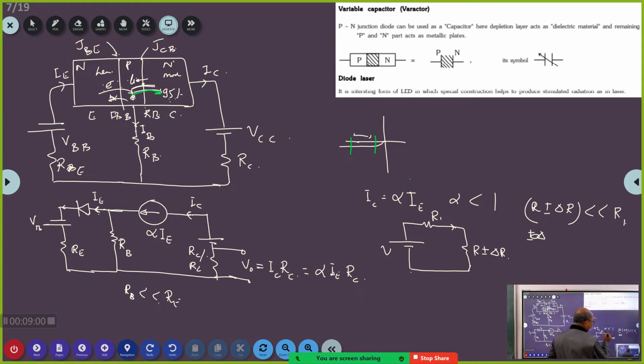If R varies, this current will vary. But if the percentage by which this current varies is less than 1% or something, then for all practical purposes, you can take this current to be constant.